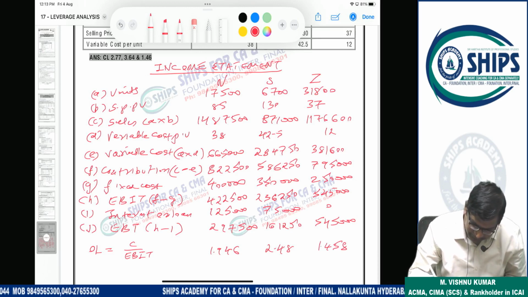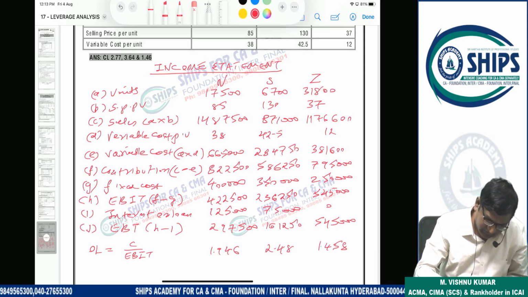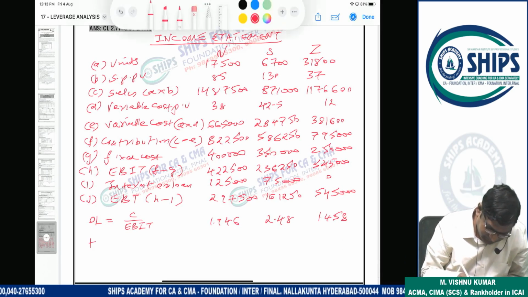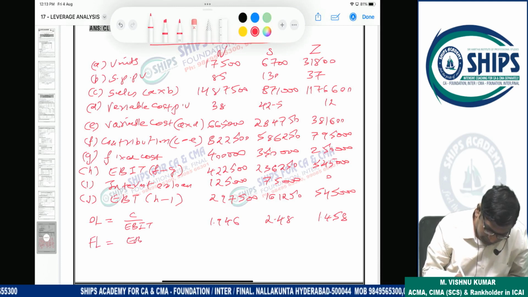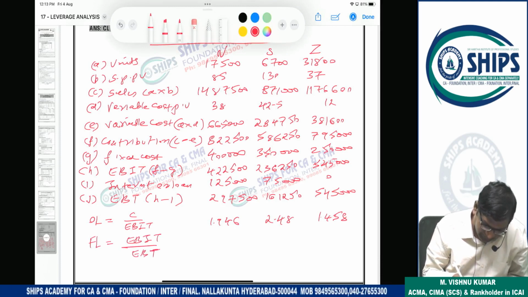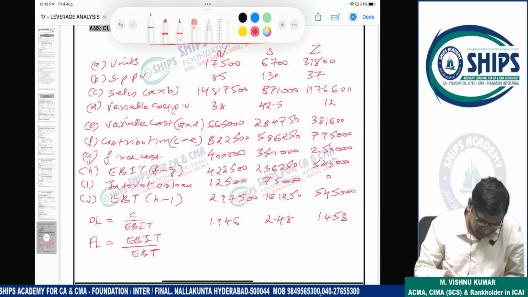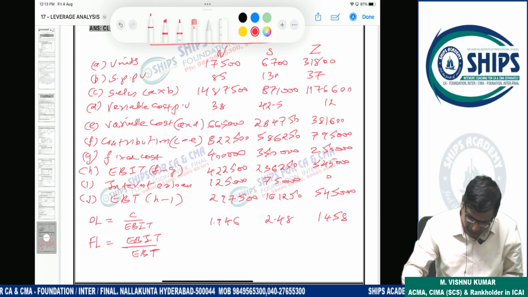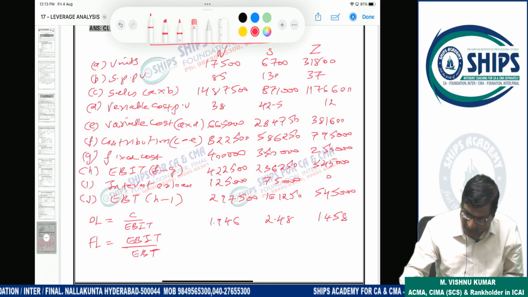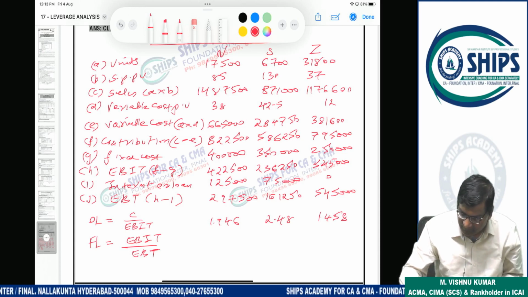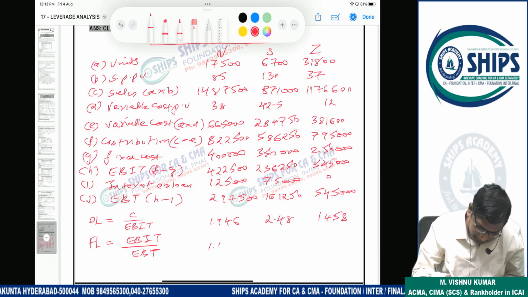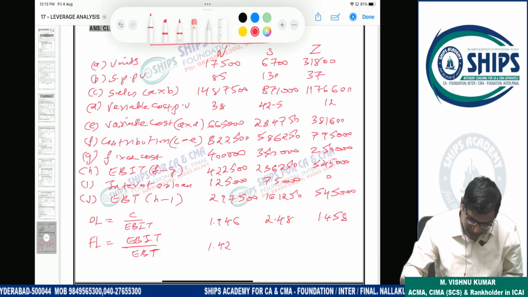Right. Next financial leverage. EBIT by EBT. Here preference share capital is not given, so this formula only. So EBIT 4,22,500 by 2,97,500. 1.42.